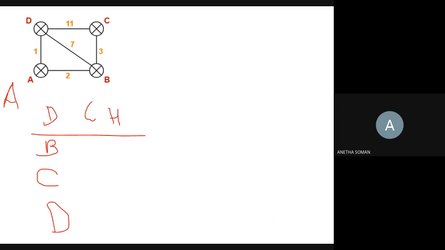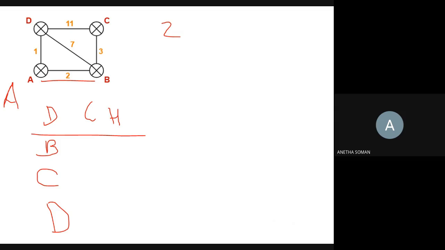Looking into the graph, from A to B, my source node is A and my destination node is B. I can reach B from A with a cost of 2. Now, what is the other possibility of reaching node B from A? Can anybody tell?